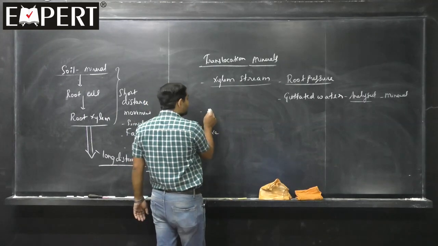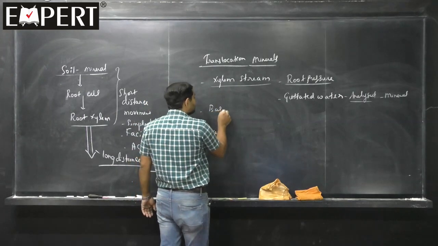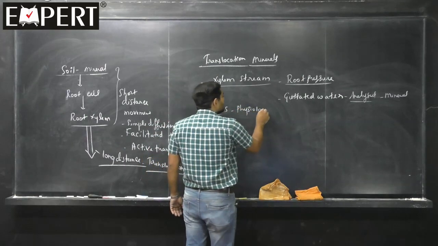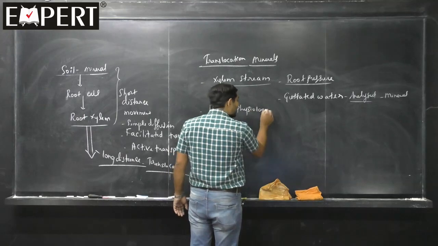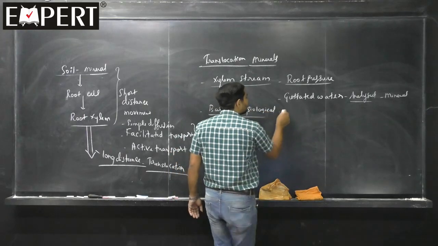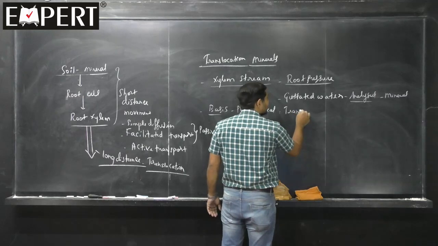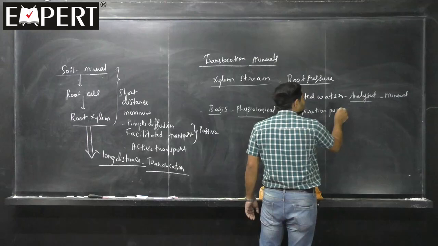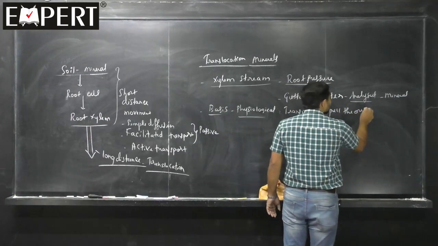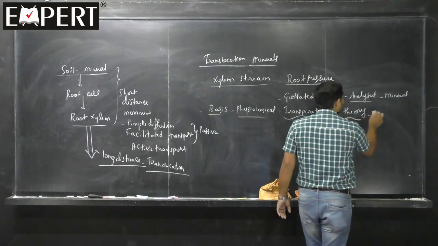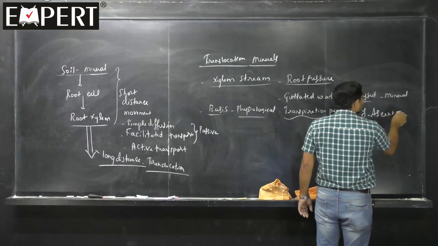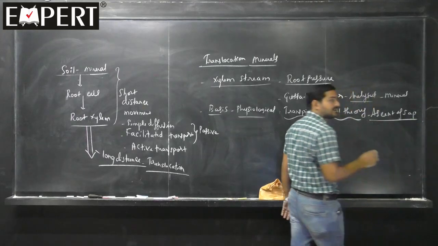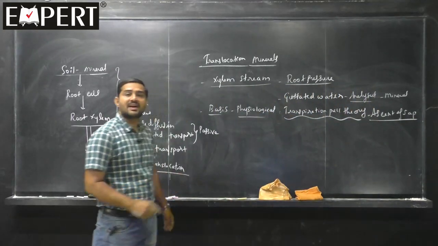Correct. And what is the basis for that? What is the physiological basis for it? That we have already studied, students. It's called the transpiration pull theory. Transpiration pull theory is responsible for ascent of sap, and that ascent of sap is responsible for translocation of mineral elements.